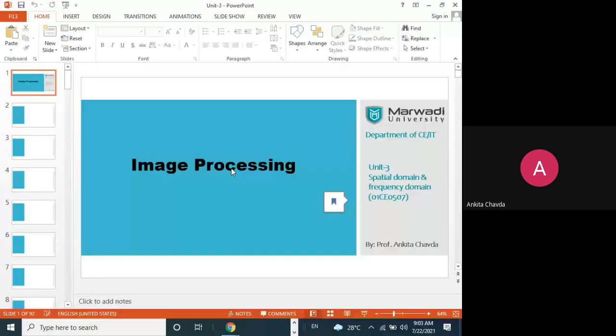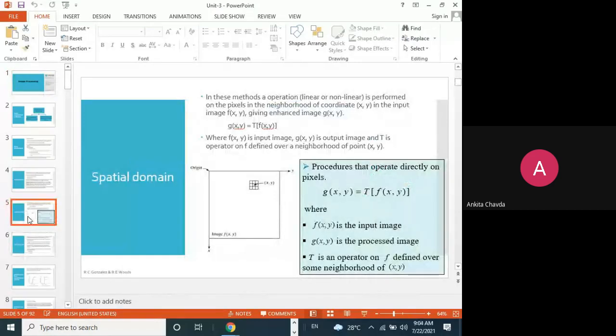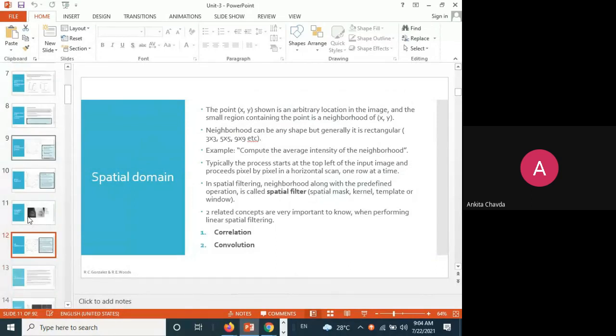In our previous session we have seen all about the enhancement techniques, that is, how we can enhance any image. For that we have seen intensity transformation functions, if you remember. In that, three things we have seen.